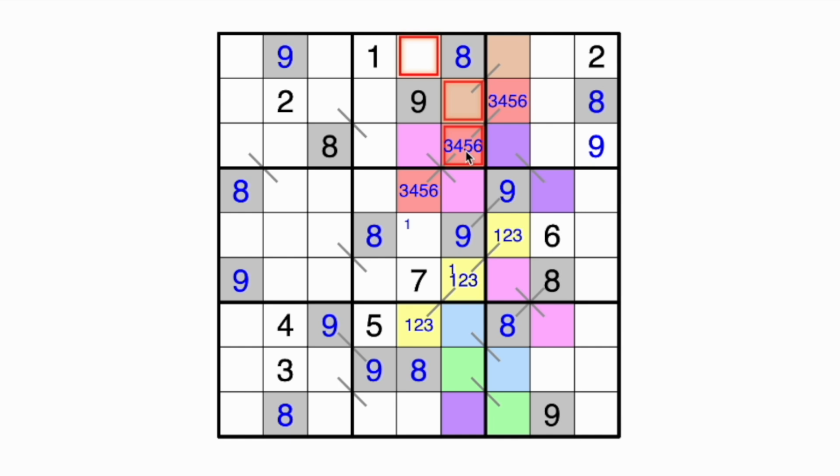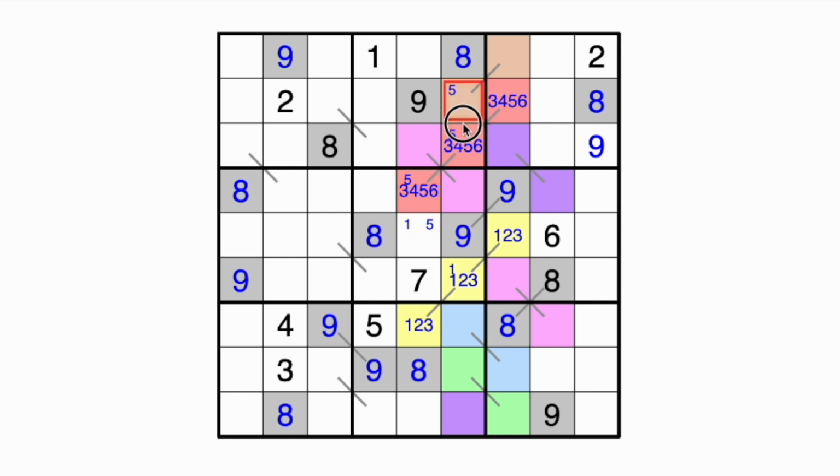So 5 is in one of these 2. And that forces 5 into one of these 2. So either all 3 of these are 5s, probably what happens, or it's these 2, which makes this tan. Which doesn't seem to be a contradiction, unfortunately.